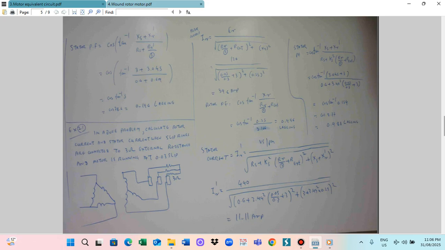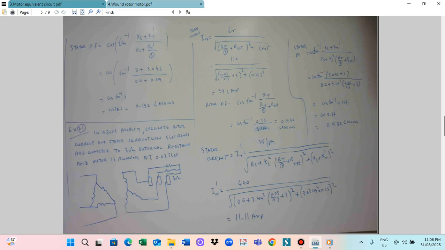Then you substitute the E_R value, E_R is 126. And the square root of R_R by S, which is 0.05 divided by 0.3, plus 3, squared, plus X_R, which is 0.25 squared. So by solving this one, you get 39.6 ampere.